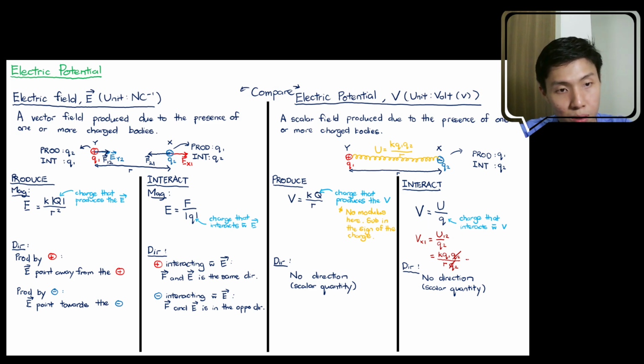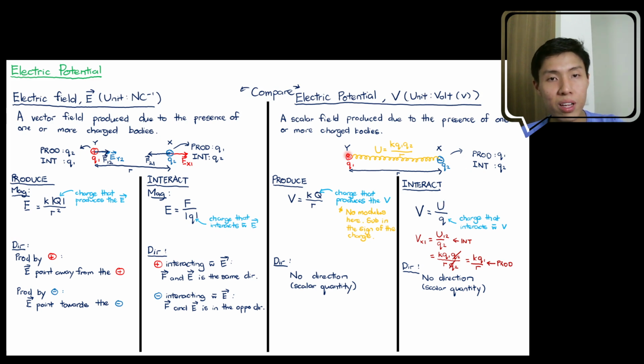So at the end, you get back the equation that is K Q1 over R. So you can see you start out with the interacting equation, but if you substitute the equation for U, you can get the produced equation. Just to say that these two equations are actually very much related to each other.